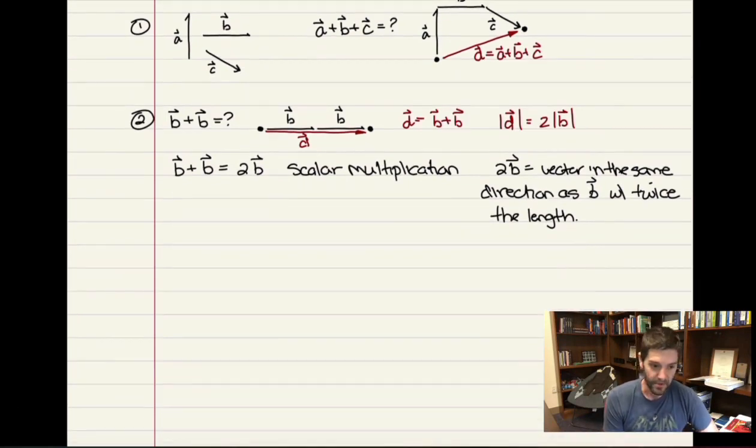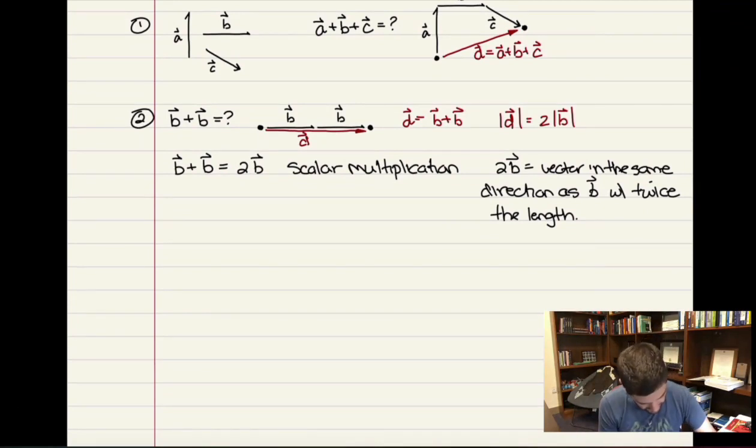And scalar multiplication also obeys the properties we would hope for. For example, if I have 2 times vector A plus vector B, mathematically what that's saying is I take everything in parentheses and add it to itself. So that's the same thing as A plus B vectors plus A plus B vectors.